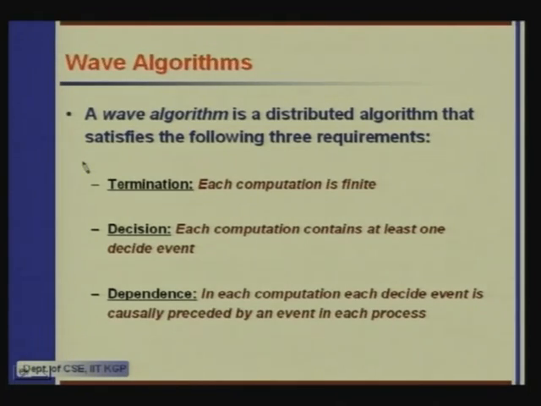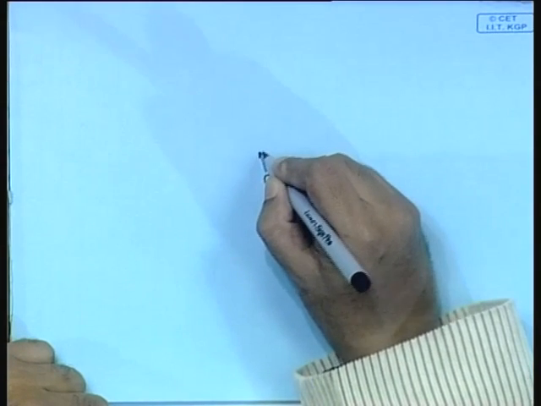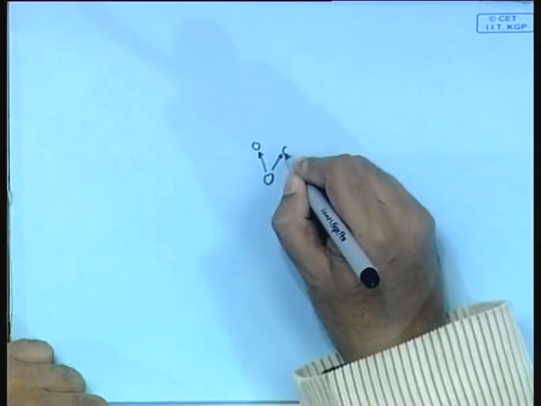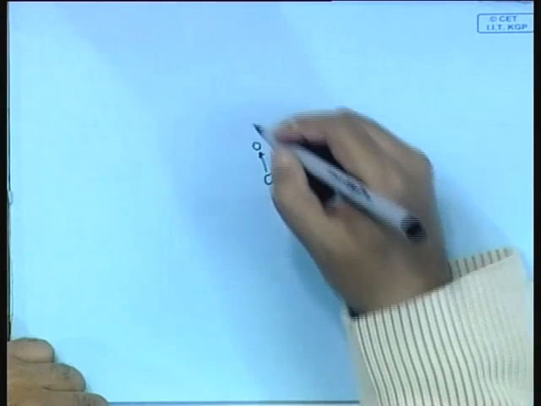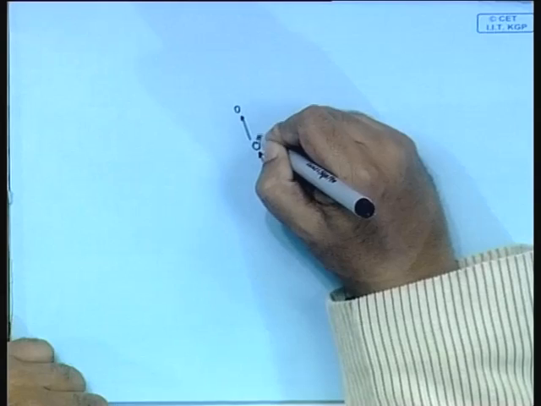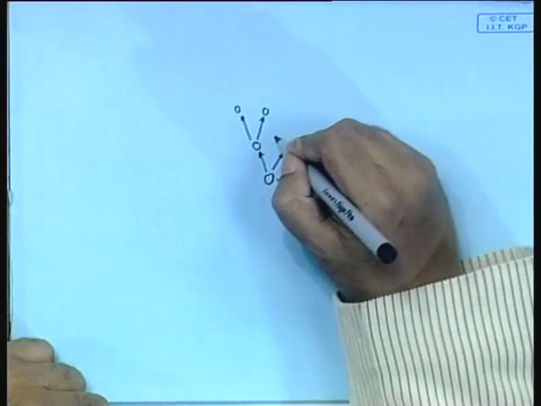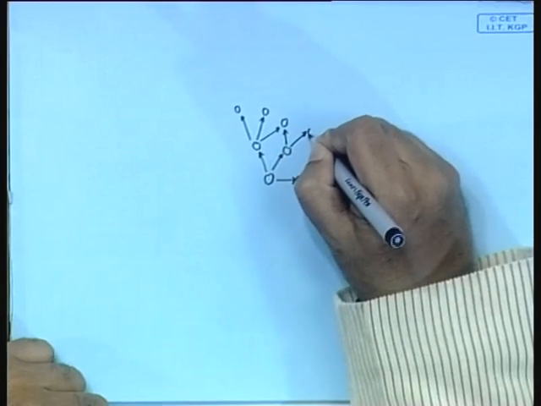All right. Let me give you an intuitive flavor of what a wave algorithm is about. So, a wave algorithm starts in a particular process, okay, and then the wave propagates to its neighbors, all right, and then the neighbors in turn propagate the messages, some kind of events to its neighbors, all right.